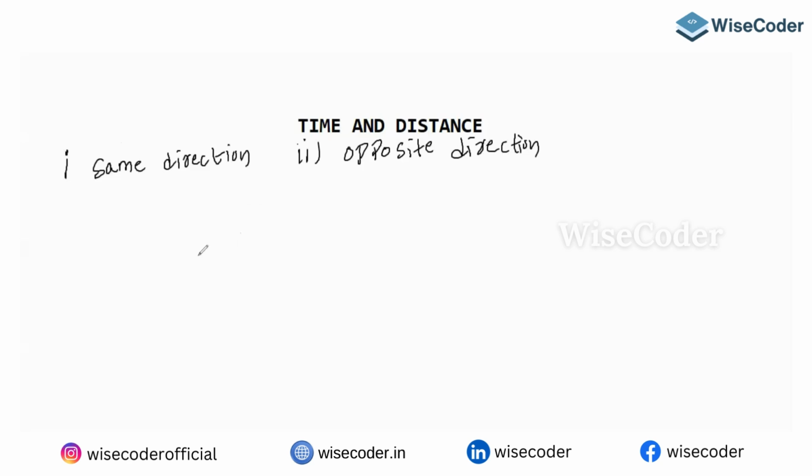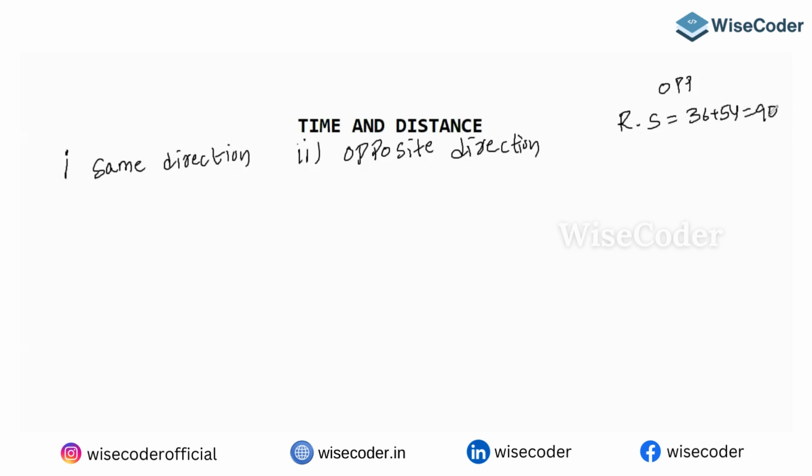So guys, for that you need to figure out the relative speed first. When they are moving in the opposite direction, the relative speed is the sum of the speeds. So 36 plus 54 is 90 kmph.